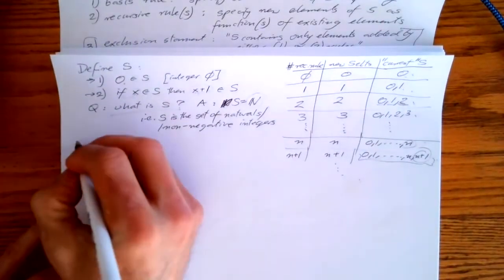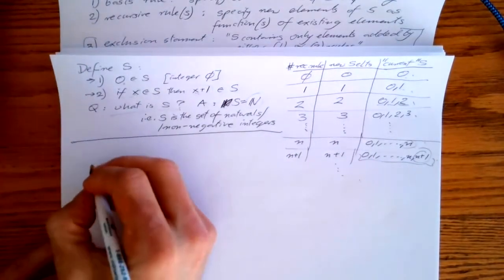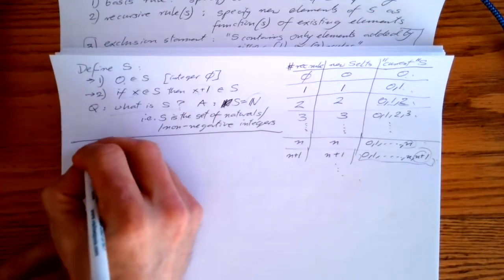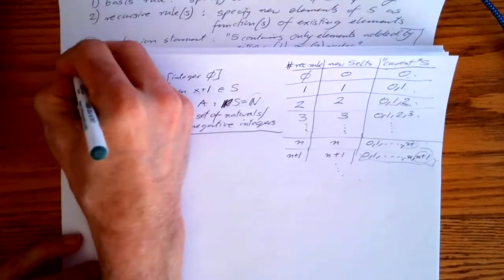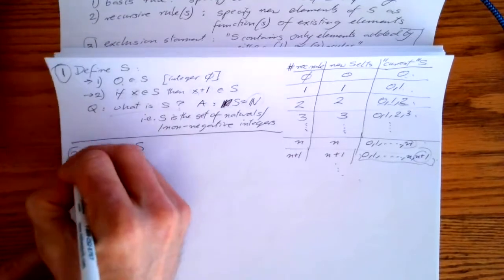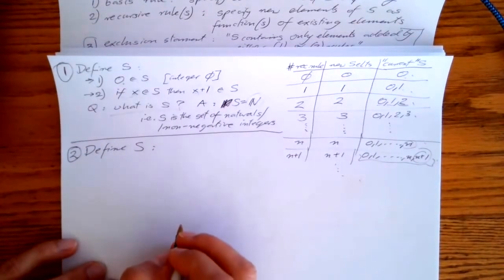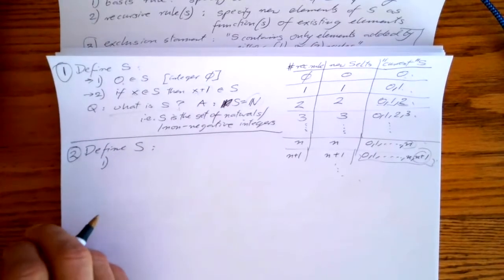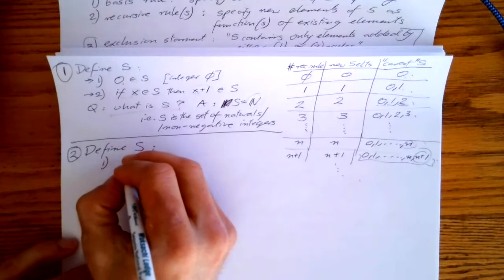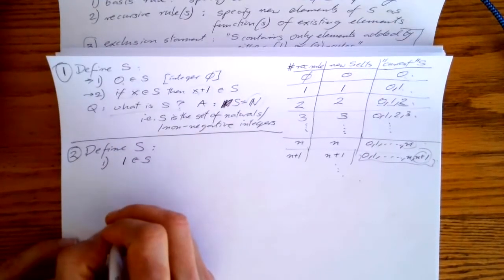Okay, let's try something else. So how about this? Define S. So these are examples, right? So this is the first one. Let's do another one. We changed the base case slightly. I will say that 1 is in the set.